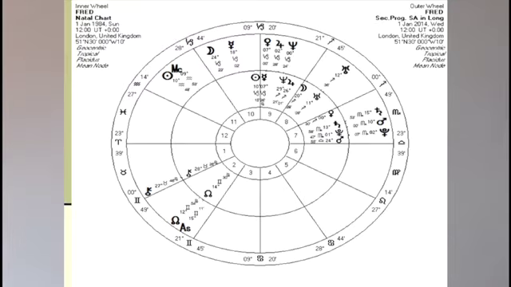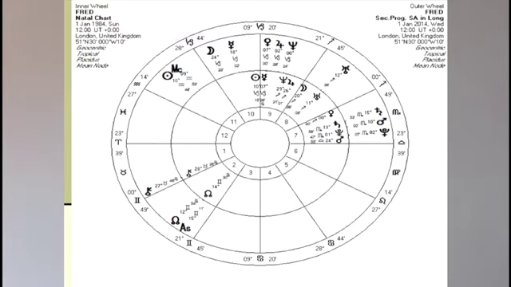The personal planets, though, will be moving an amount every day. The Sun, for example, a degree a day, a degree a year, therefore. But the Moon moves 12 to 14 degrees a day, which means by this 1 day equals 1 year technique of secondary progressions, the Moon is actually moving a degree a month. So you need to be aware of that.